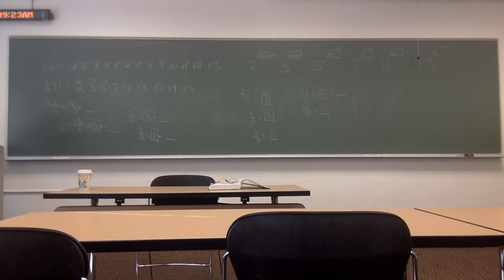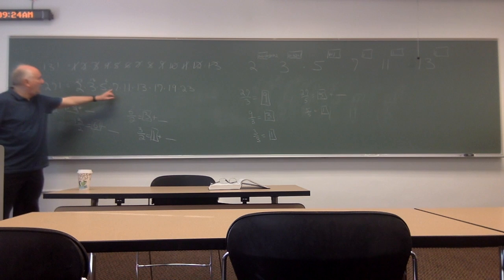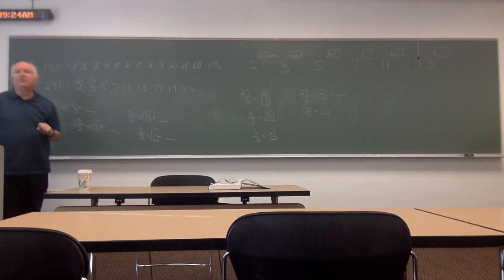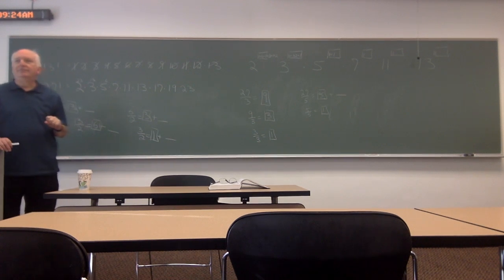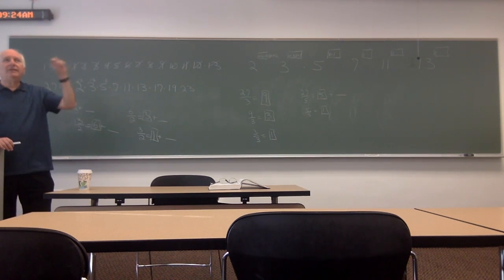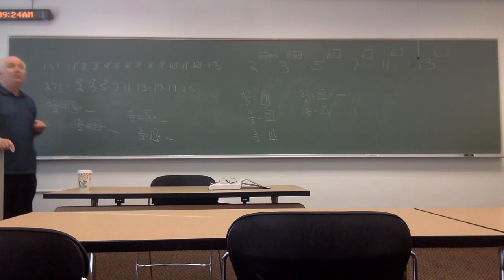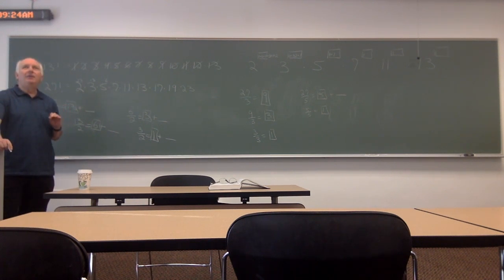I think we can kind of talk our way through the rest. Of the numbers from 1 to 27, how many of them are multiples of 7? So 27 divided by 7 is 3, because in fact, 7, 14, 21. So 3 of them are multiples of 7. How many of them are multiples of 7 squared?